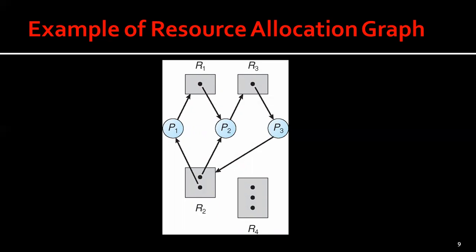And the process P2 is holding an instance of R1 and R2, and is waiting for an instance of the resource of type R3. And P3 is holding an instance of R3 and is requesting the resource R2.